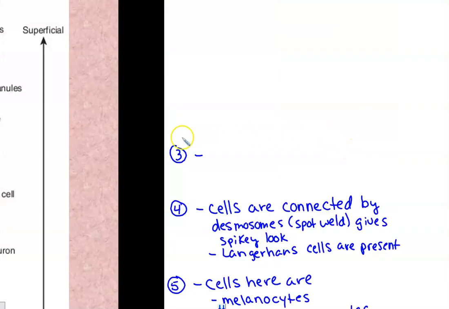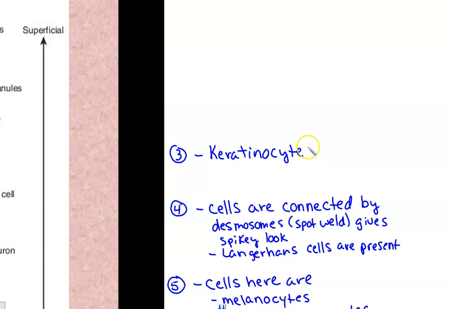Alright, so now we're going to look at that third layer deep, which is the stratum granulosum, and here is where we start to see those keratinocytes. They're going to start to fill up with keratin, and they're going to begin dying at this level.